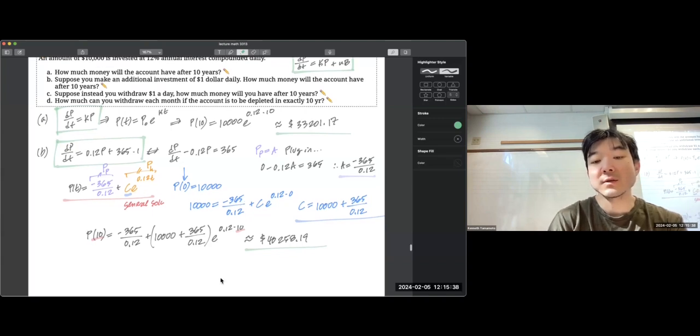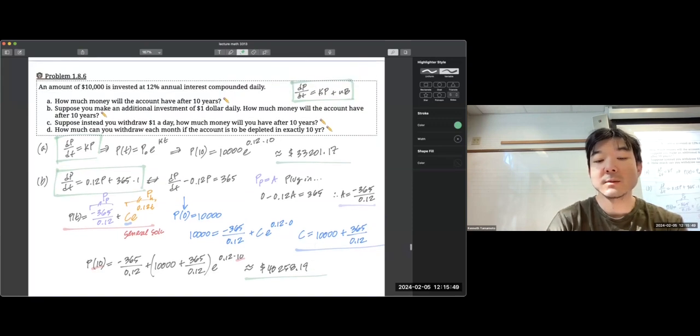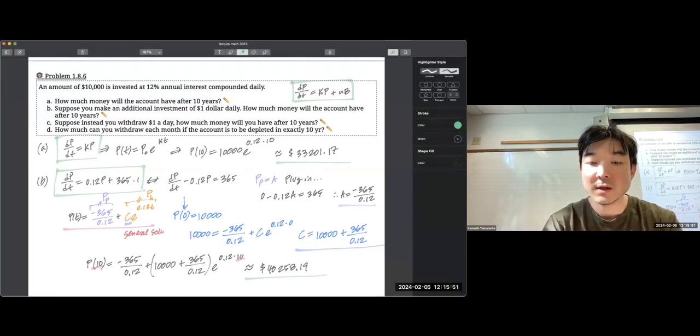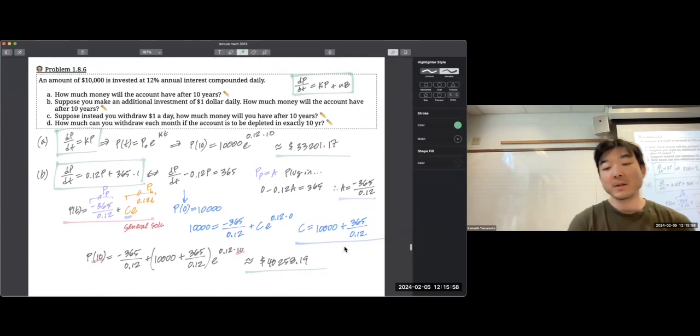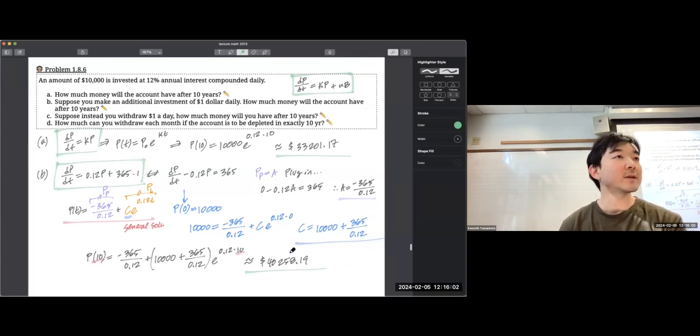So that's $3,650. What's the difference between this 42,258 minus 33,201? I see. So the difference between this and this is around $7,000.